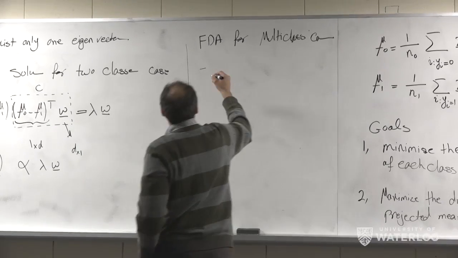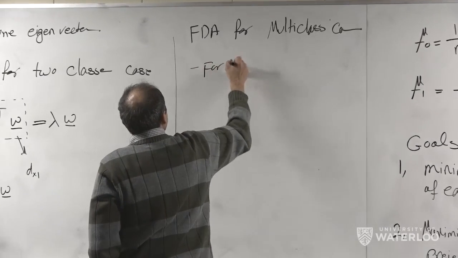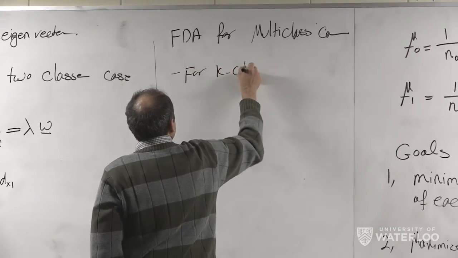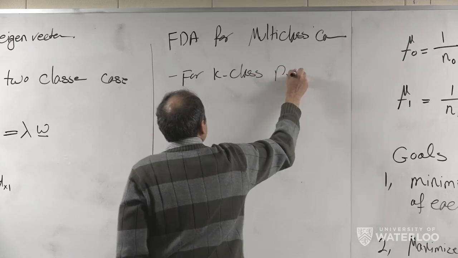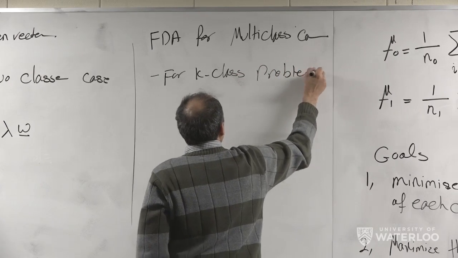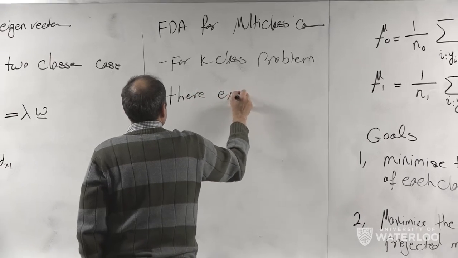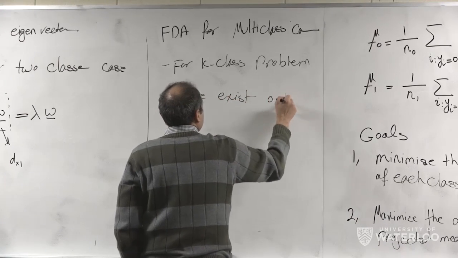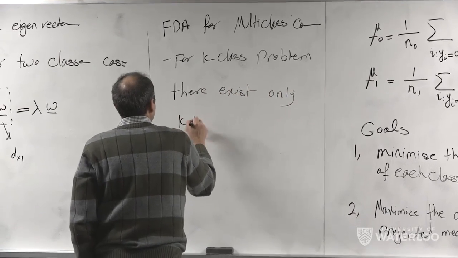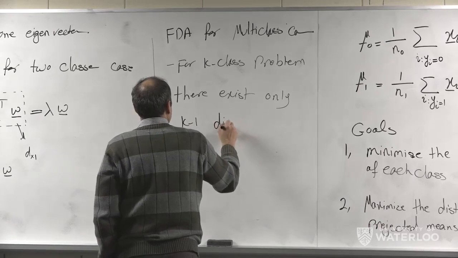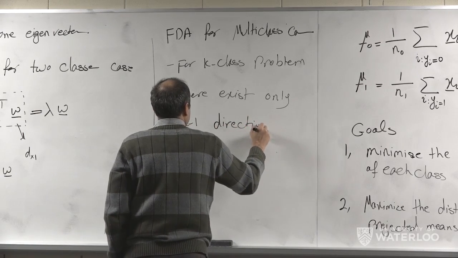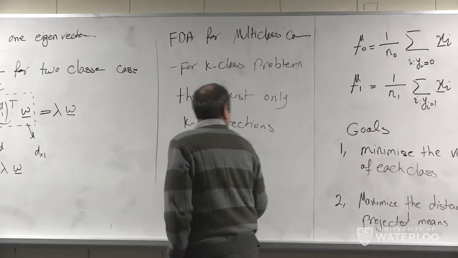So for a k-class problem, there exist only k minus 1 directions.